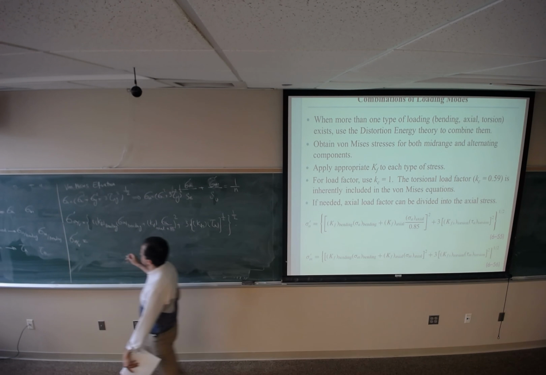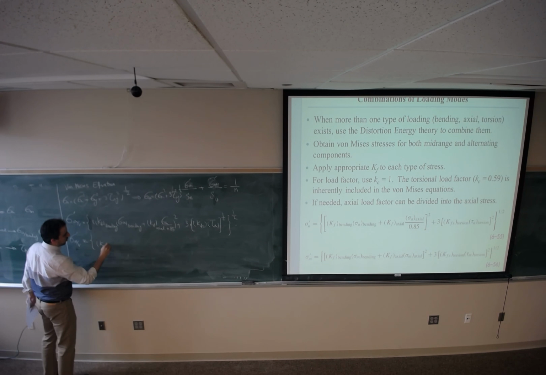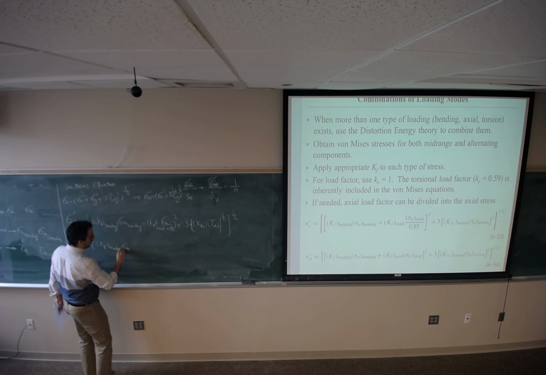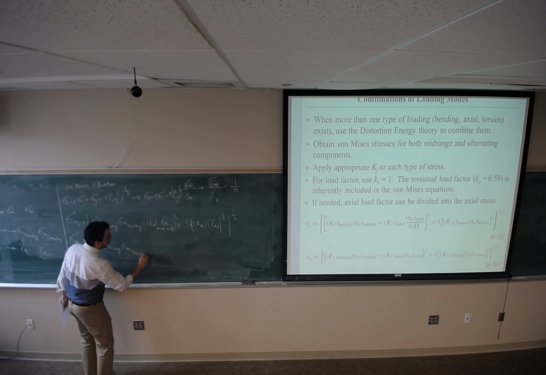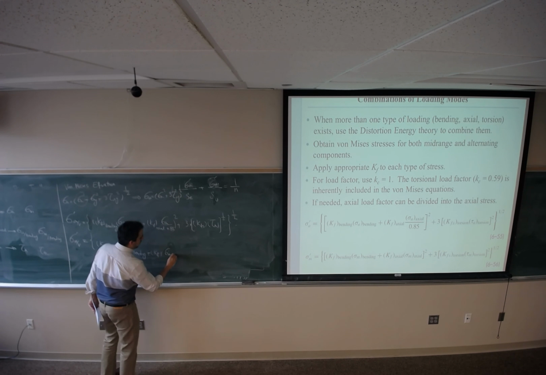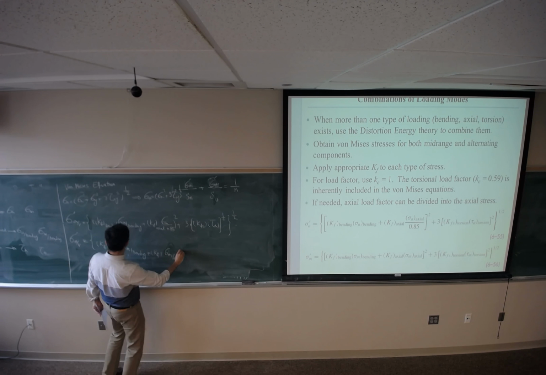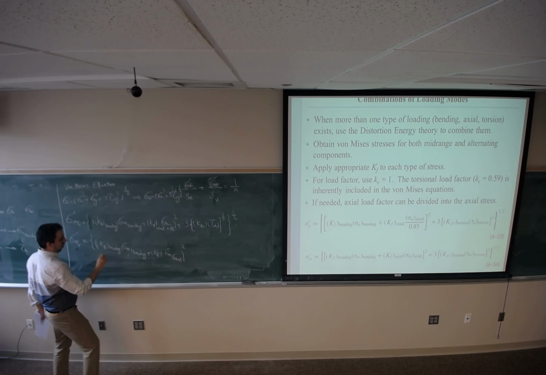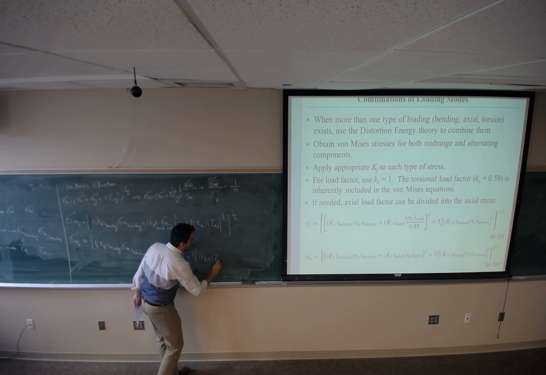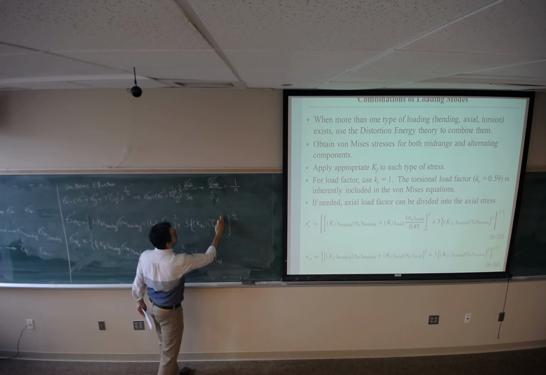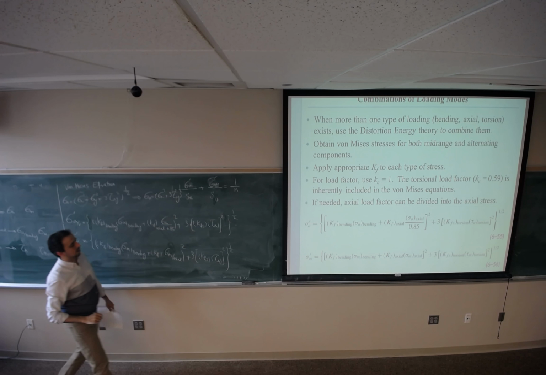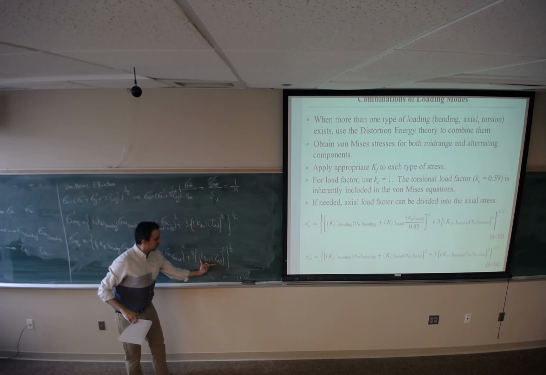So sigma prime M would be Kf times for the bending times sigma m for the bending plus Kf times sigma m for axial, square, plus 3 times Kfs tau m, squared, and the summation should be a square root.